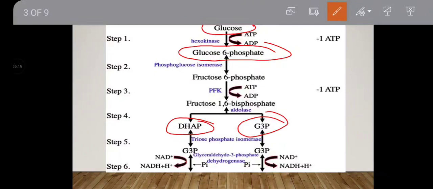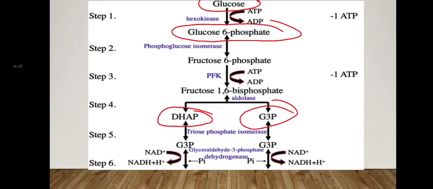Now, this dihydroxyacetone phosphate is then converted via triose phosphate isomerase to what? Glyceraldehyde 3 phosphate, for the process to actually continue.